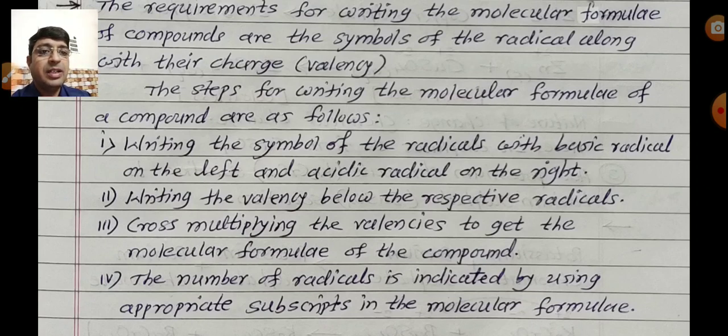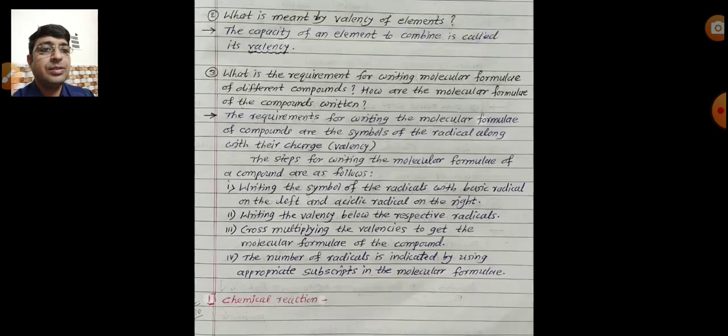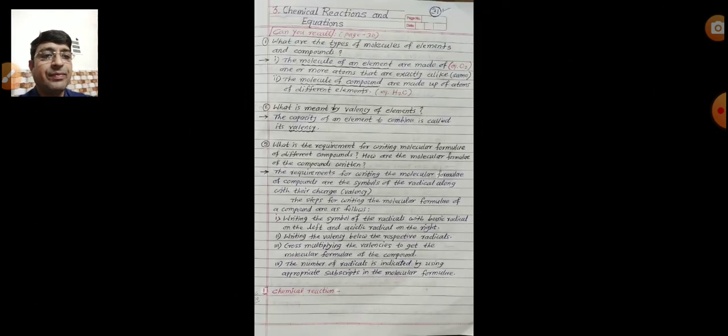Second point, writing the valency below the respective radicals, then cross multiplying the valencies to get the molecular formulae of the compound. And fourth point, the number of radicals is indicated by using appropriate subscript in the molecular formulae. So these are the steps for writing the molecular formulae.